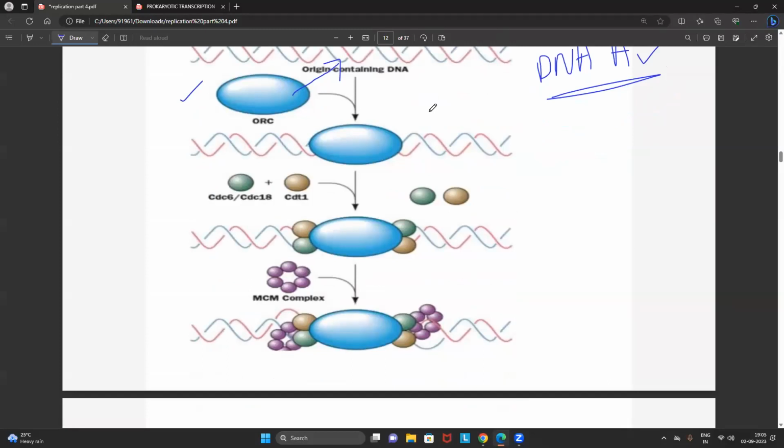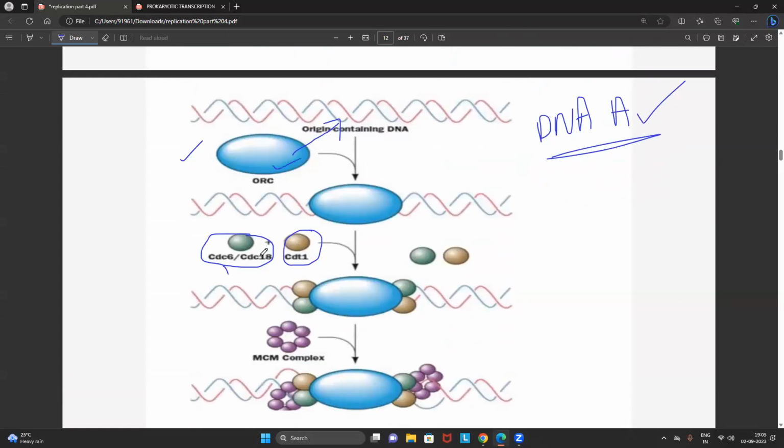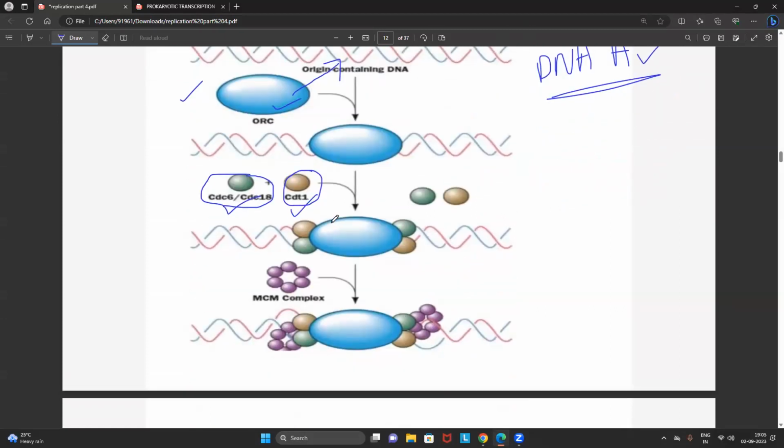As we discussed, the moment ORC recognizes the replicator, it recruits either CDC6 or CDC18. Later there is a recruitment of CDT1. Then the ORC, CDC6 or 18 and CDT1 all together recruit which protein?